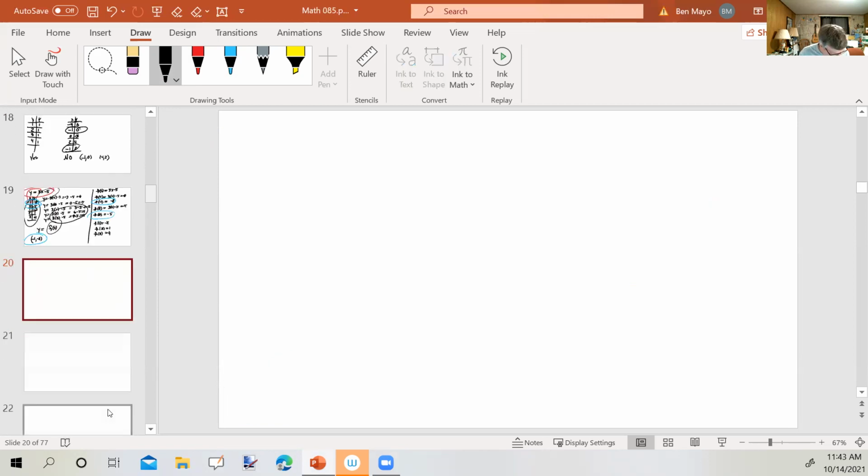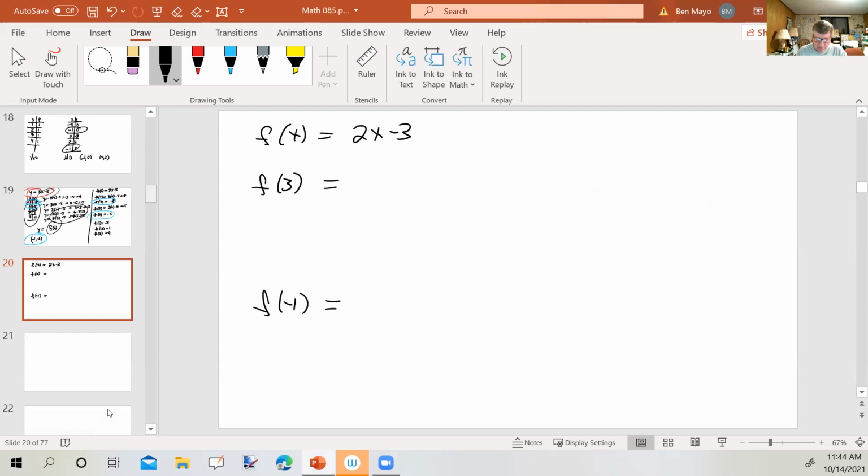So let's take a look at some other examples. Let's take the following. f of x = 2x - 3. And let's find f of 3 and f of negative 1. So f of 3, that's like completing the following ordered pair. f of negative 1, that's like completing the following ordered pair.